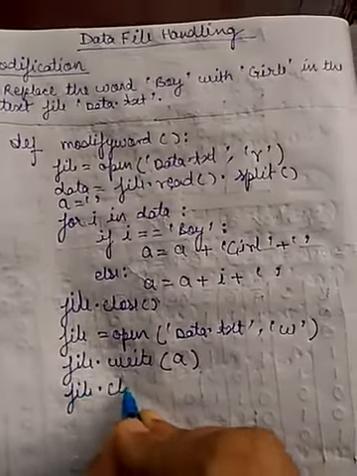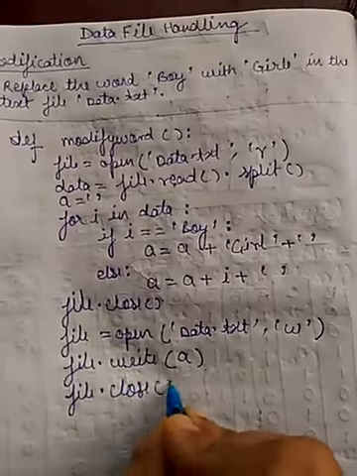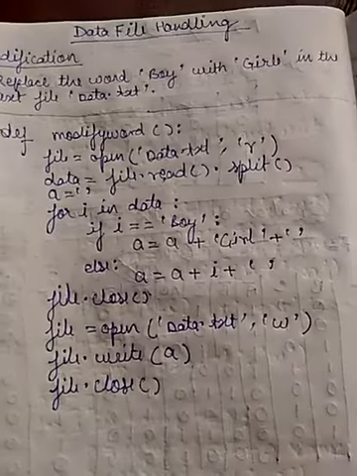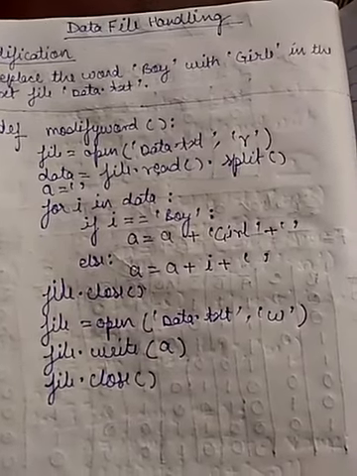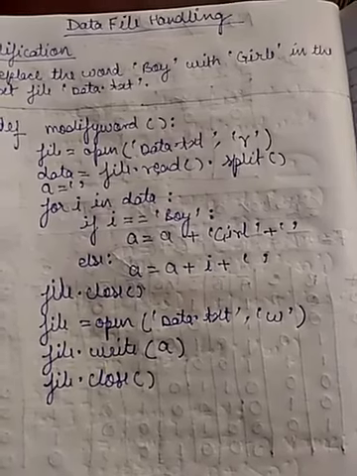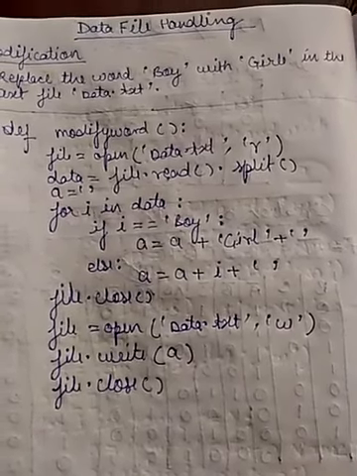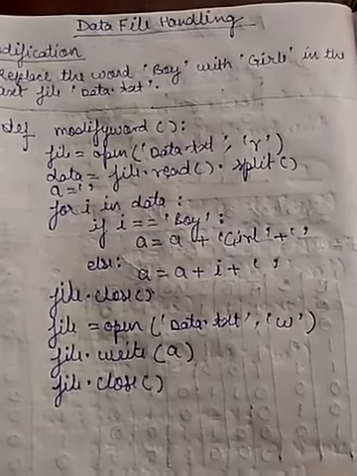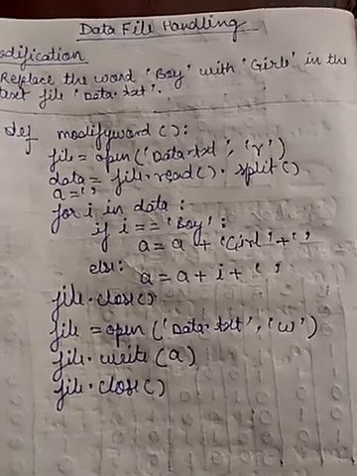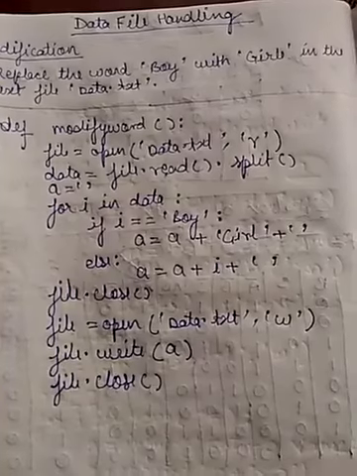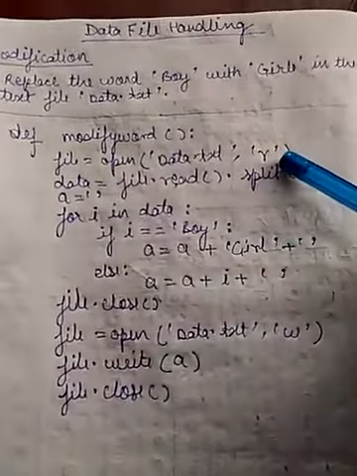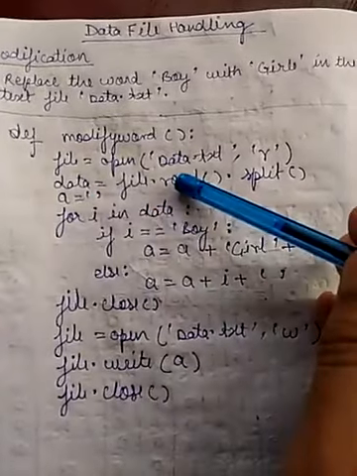Then simply file.close(). So in this way you can do the modification in the file. You can replace any word, any line or anything else. So this is one of the methods. In this method, after changing the data, we are not displaying it, but if we want to display the data in the same function, then again open it in reading mode, then read the content.